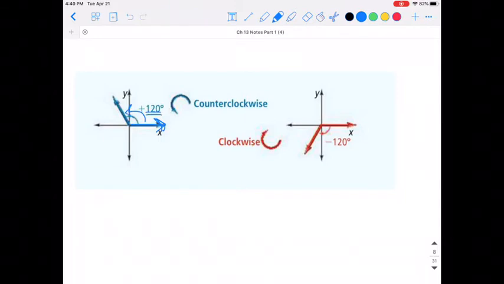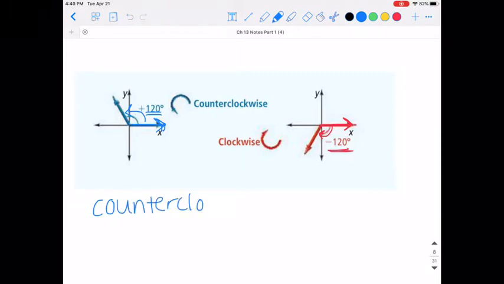That's how we have positive 120. From our initial side on this diagram, if we move in the clockwise direction, your angle is going to be negative. That's how we have negative 120. So counterclockwise is always positive.